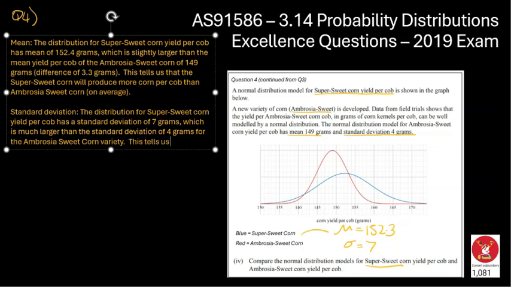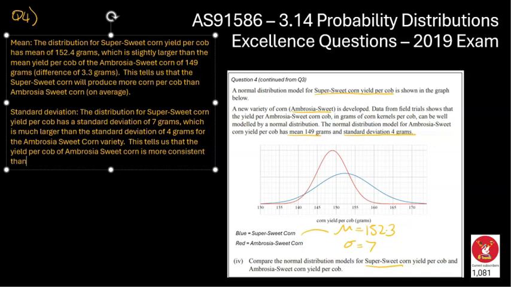So this tells us that the yield per cob of ambrosia sweet corn is more consistent than the yield per corn for the super sweet corn.